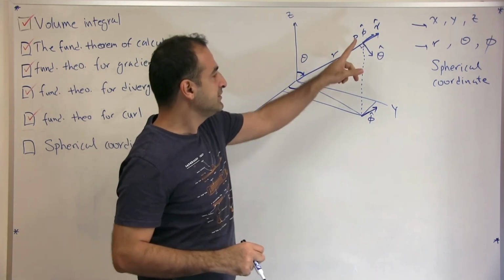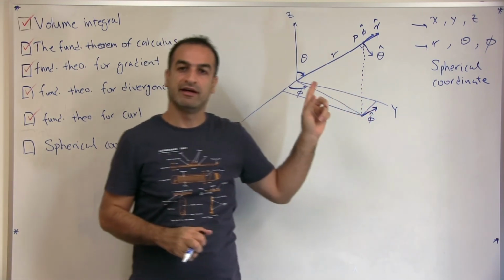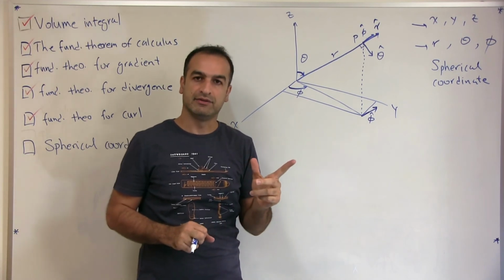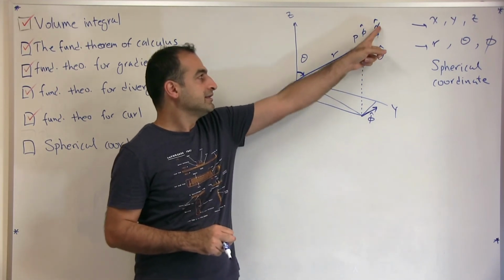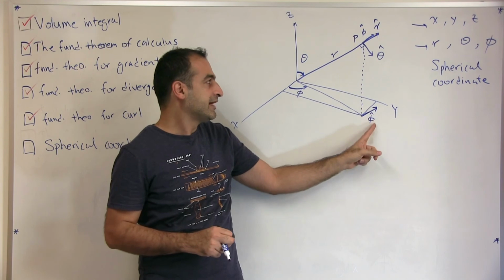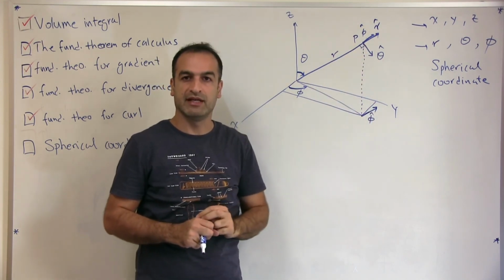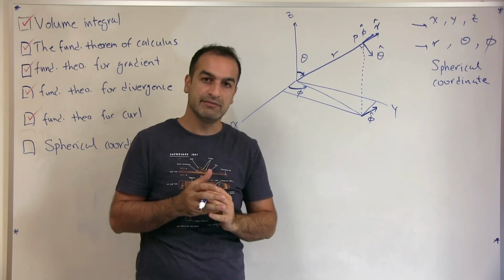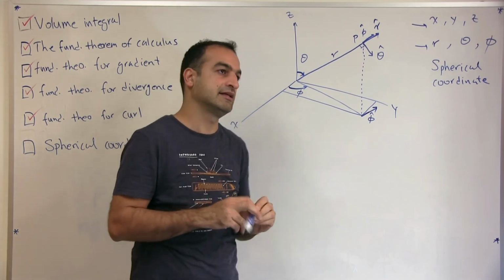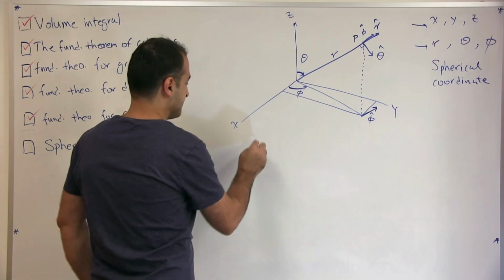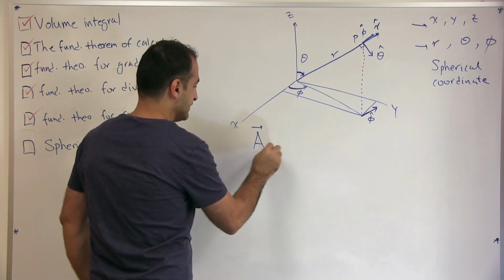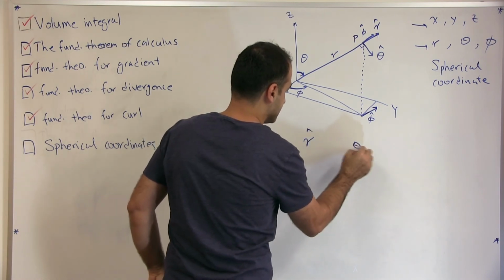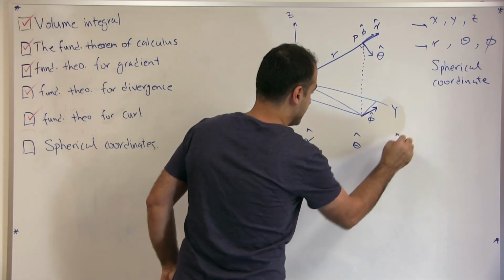These unit vectors also have the nice characteristic that they are orthogonal to each other. r hat is orthogonal to theta hat, and phi hat is orthogonal to both of them. So we have a set of orthogonal unit vectors, and that is important because it allows us to write any vector, like A, in terms of three components: the r hat, theta hat, and phi hat components.